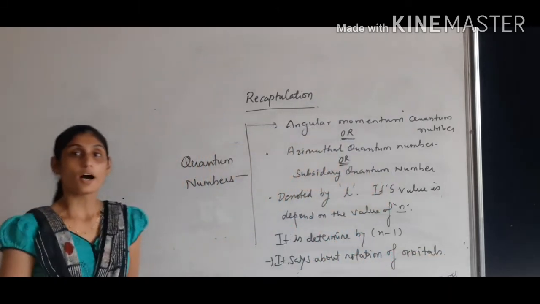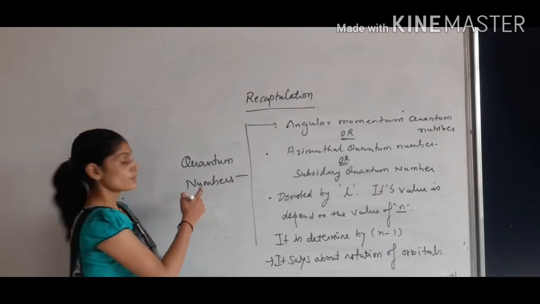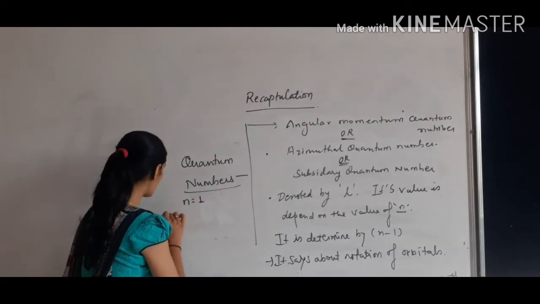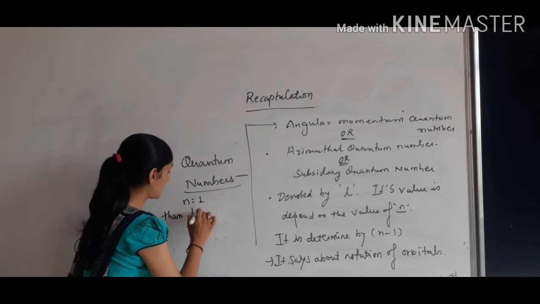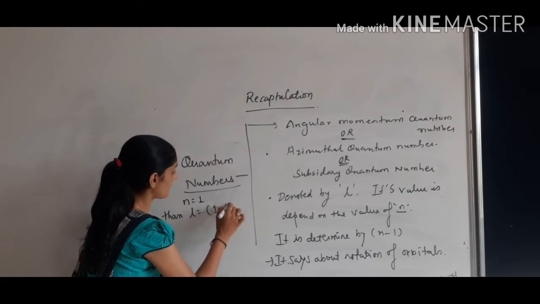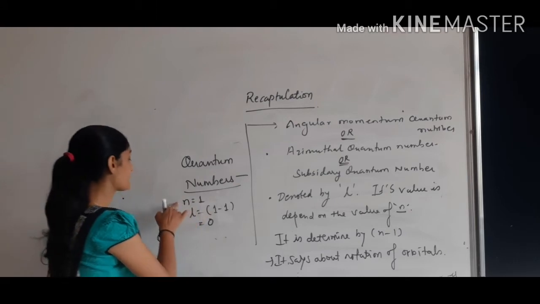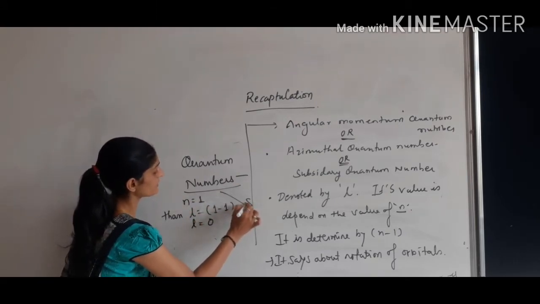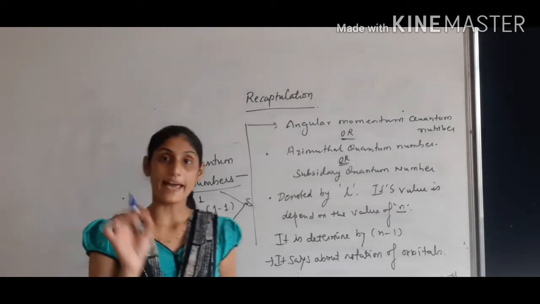So, how are they going to be generated? Suppose I am writing over here. If n is equal to 1, then l is equal to 1 minus 1, which is 0. So when l is 0, the orbital is denoted by s.